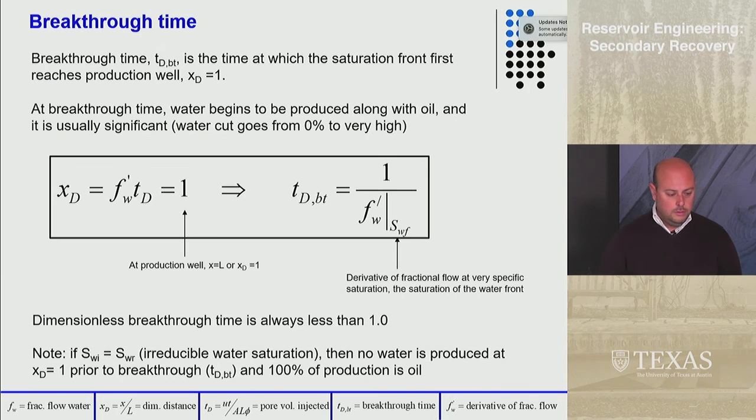And again, if SWI is equal to the irreducible water saturation, and in most of the things we'll do in this class, that'll be the case, just to keep things simple, then no water is produced at XD equal to 1 prior to breakthrough, and 100% is production oil. If SWI is greater than SWR, you will be producing some connate water prior to breakthrough, but you won't be producing any water that you injected.